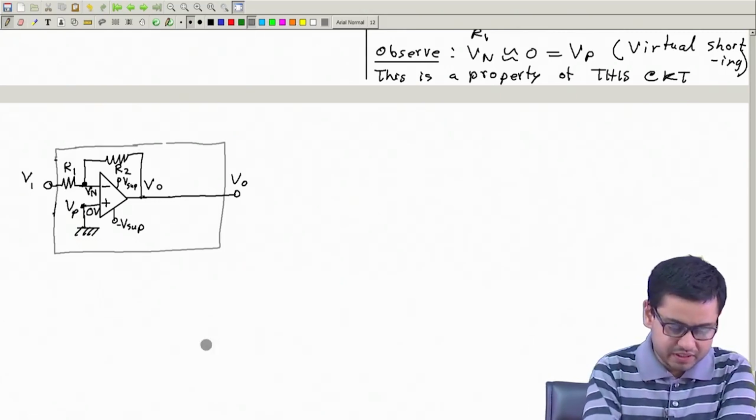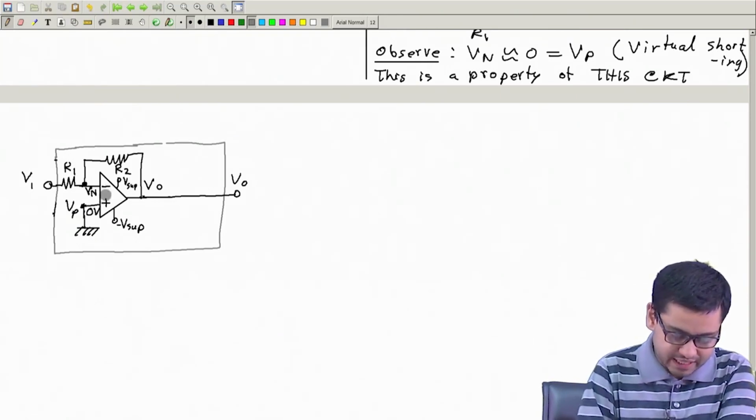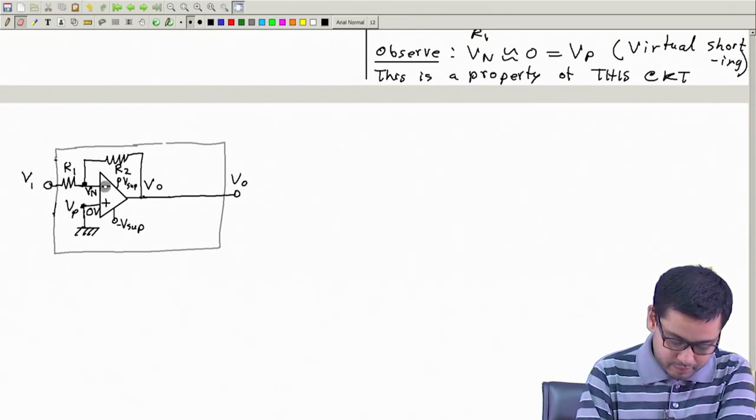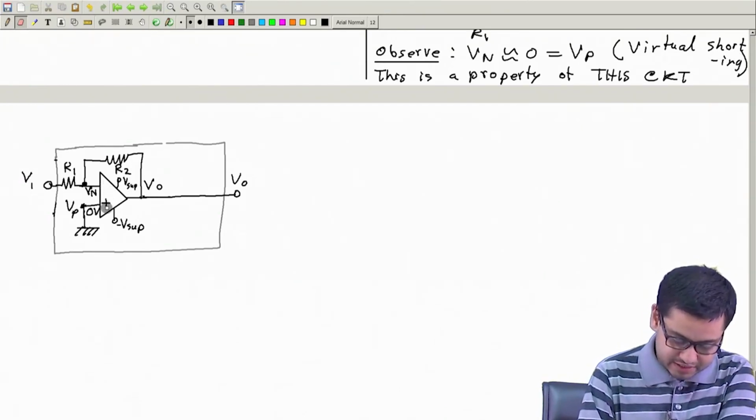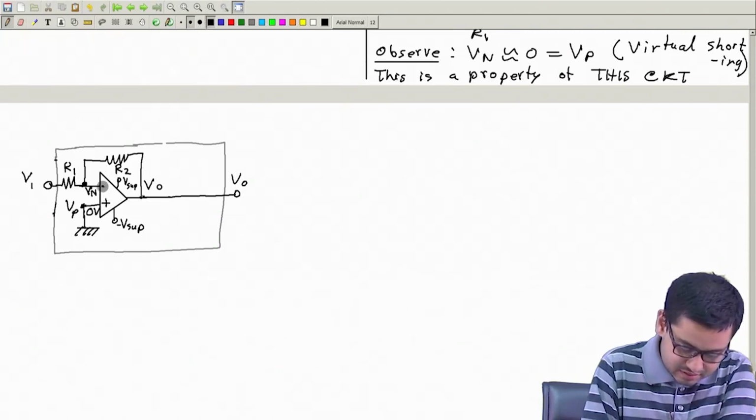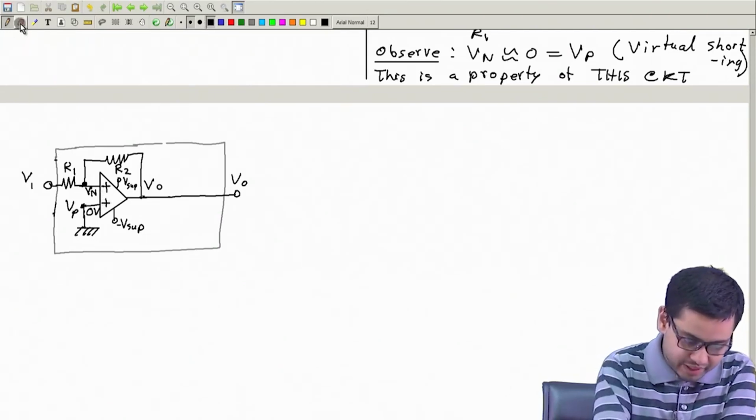Now, what happens if we, by chance or by mistake, make this as plus and this one as minus?